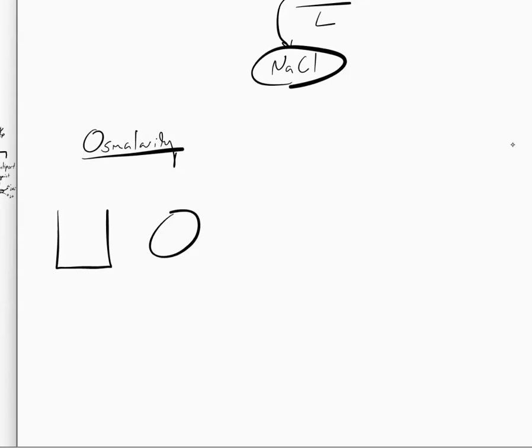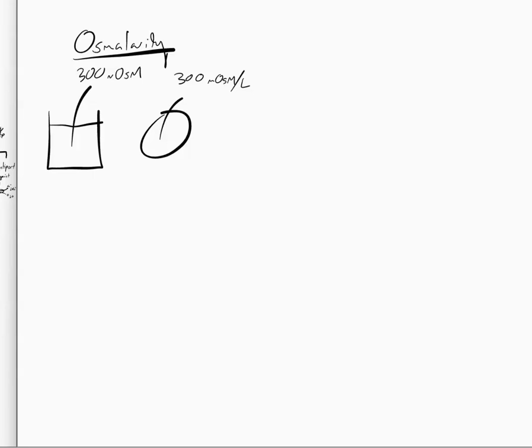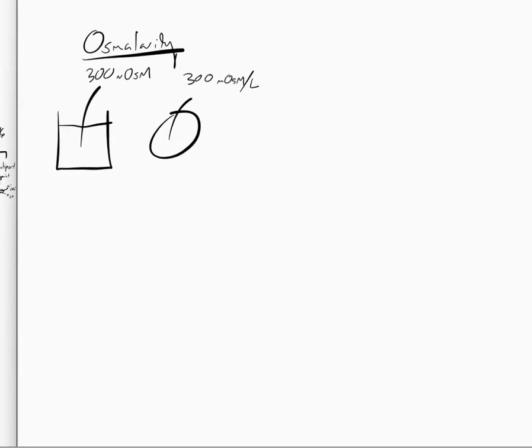Within a cell, it's usually around 300 milliosmoles per liter. And within a solution, let's say it's 300 as well. And so what we're doing with osmolarity is just comparing the two. So in this case, they're equal.